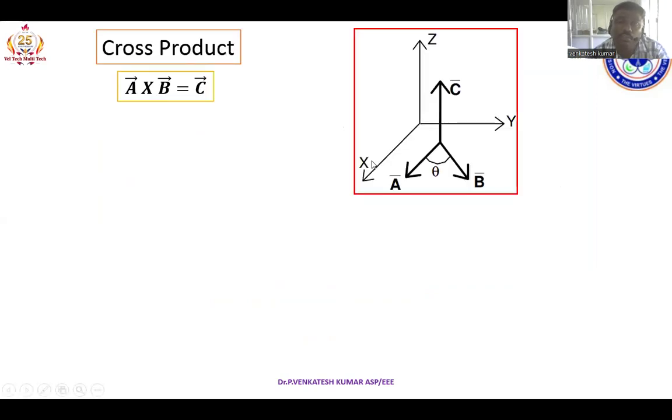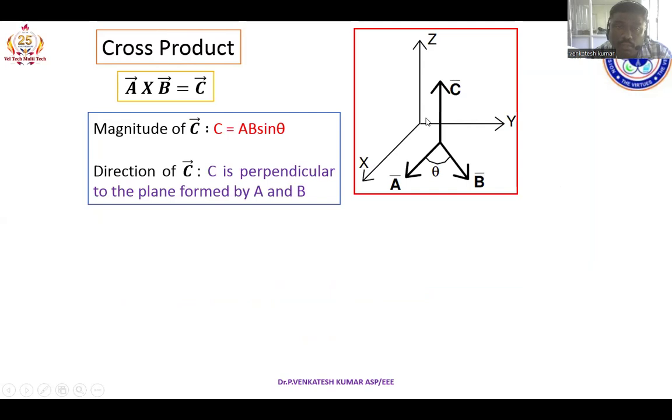Next I enter into the vector product, which is the cross product. In a similar way, there are three vectors: X vector, Y vector and Z vector. Let us consider A vector and B vector. The product of these two vectors moves in a perpendicular direction, that is, perpendicular C vector.